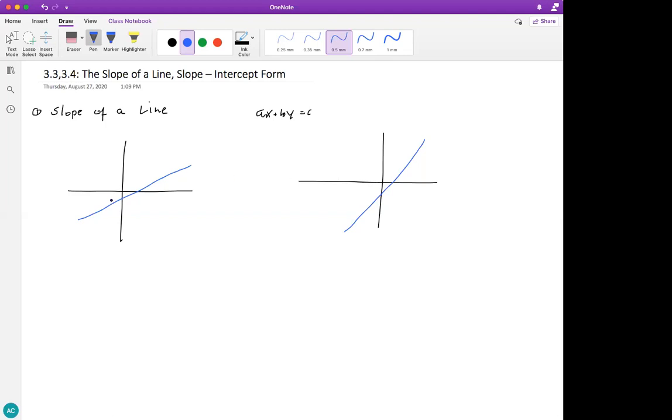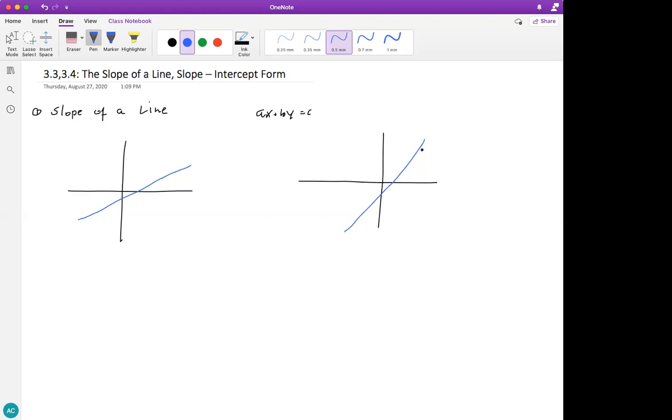In mathematics we have a term for this, a quantity that measures the steepness. This is what we call the steepness of a line. That quantity is called the slope. So these two lines have different slopes. That's why one of them looks more slanted, or steeper, than the other. You can say that this one is steeper, as you can see, because it's closer to the y-axis.